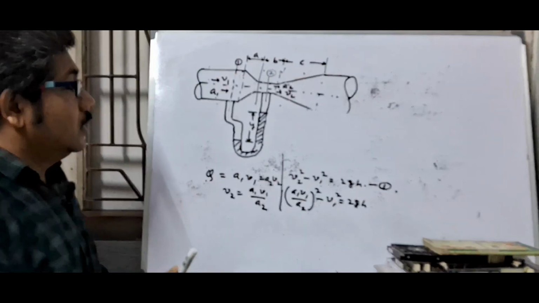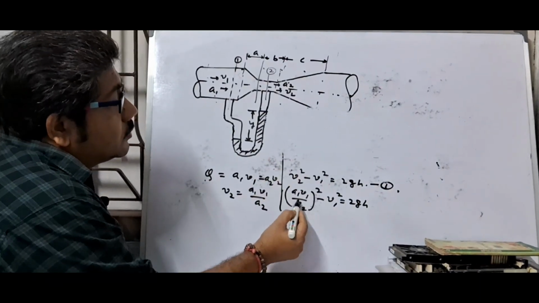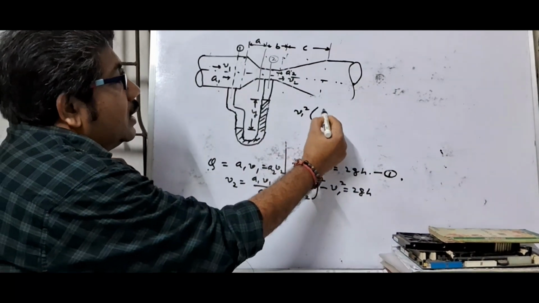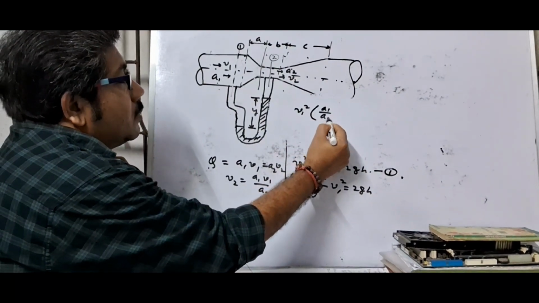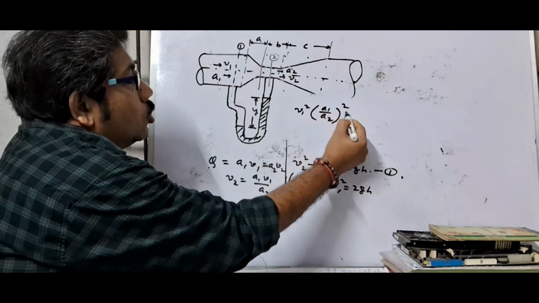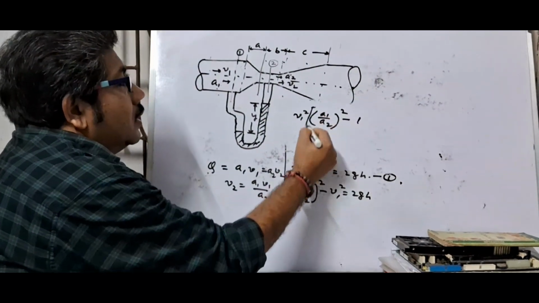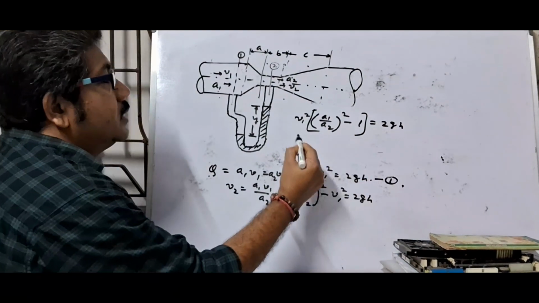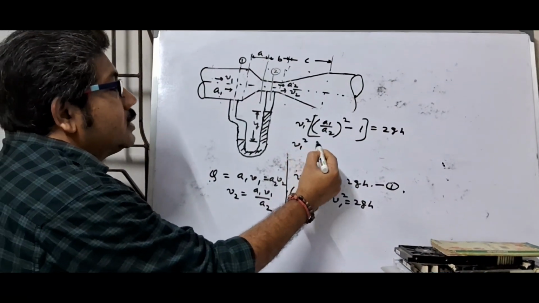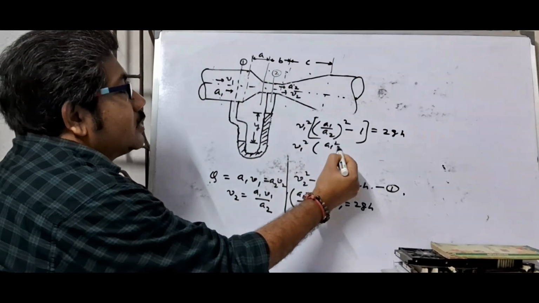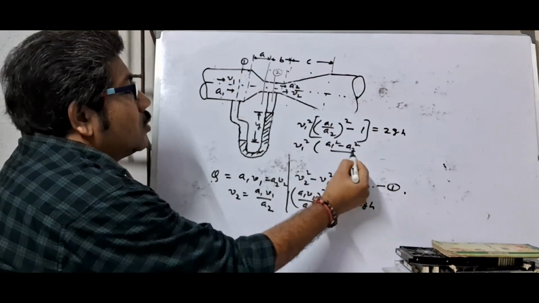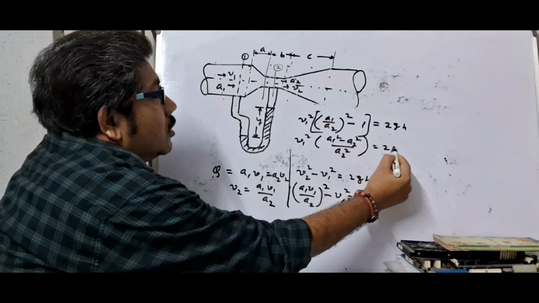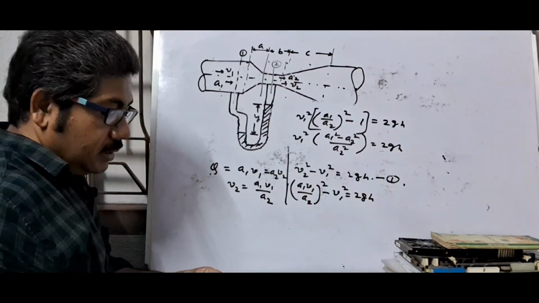Here getting V1 square common, A1 by A2 whole square minus 1, equals 2GH. So V1 square times A1 square minus A2 square by A2 square is equal to 2GH.